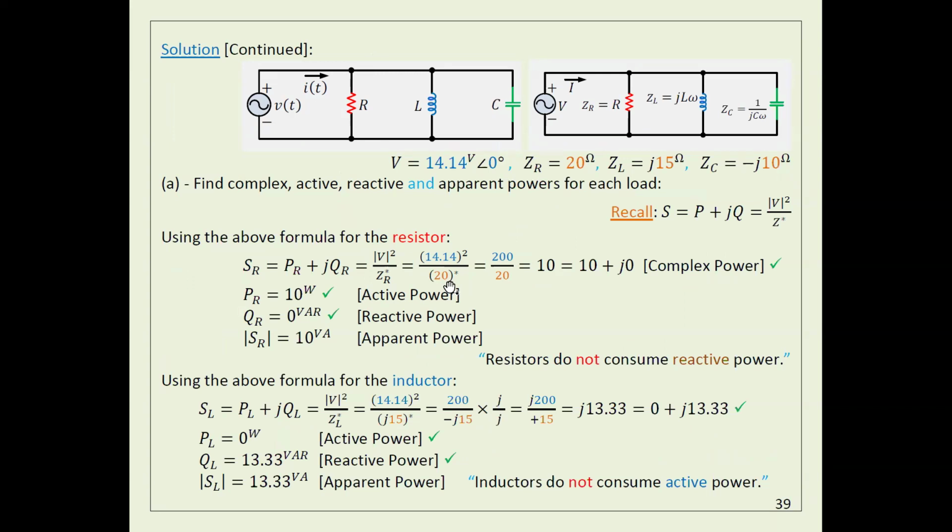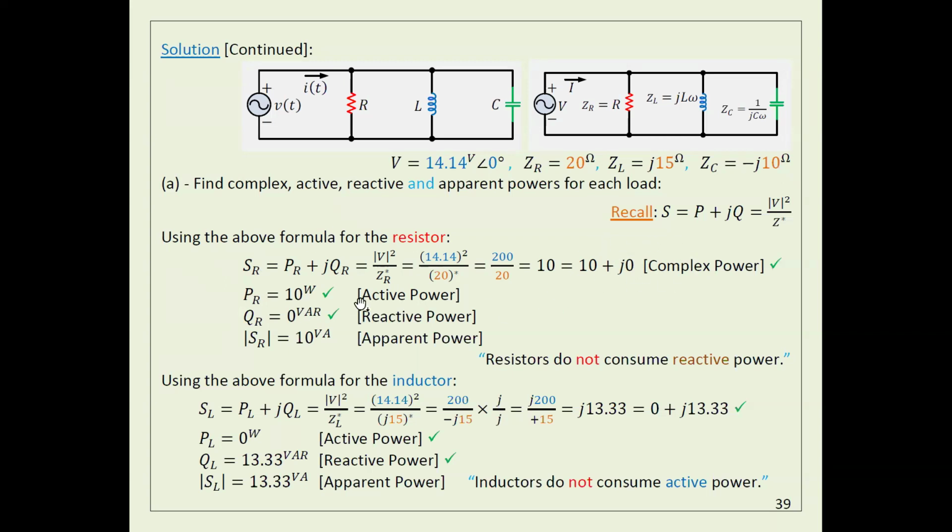Because here we don't have an imaginary part, the conjugate of 20 is still 20, a real number, still the same thing. Anyway, after I calculate it, I find it is 10 plus j0. It doesn't have an imaginary part. It's not a surprise, because for the resistance we always have only active power.